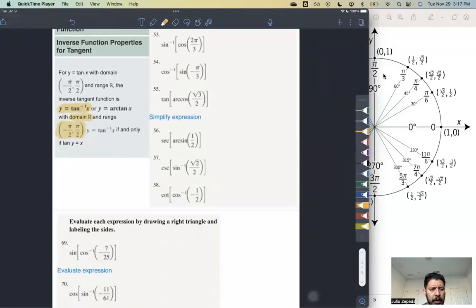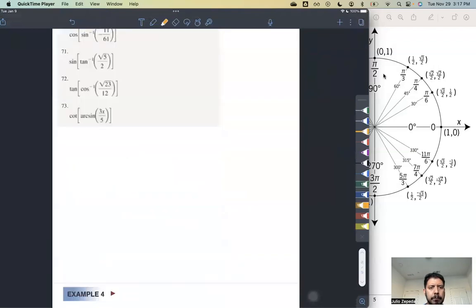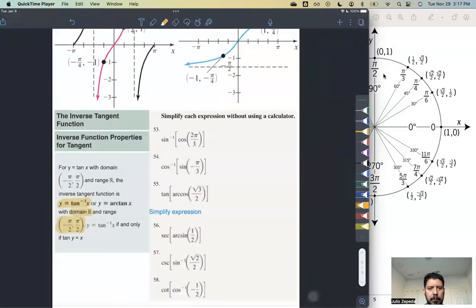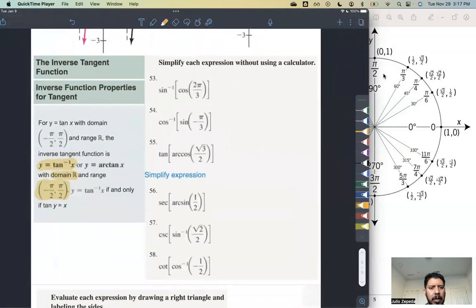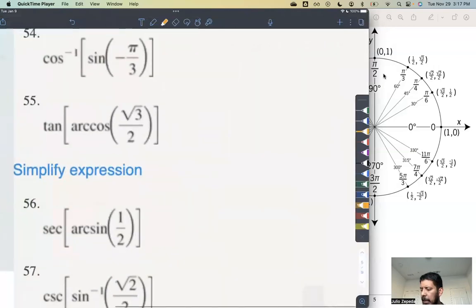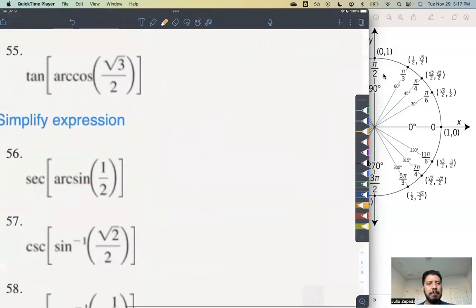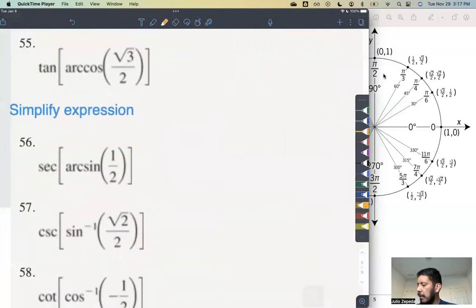So let's go ahead and try a couple of these problems here. They're getting a little bit more complex, and we'll kind of jump around on these. Let's take a look at number 55 here: the tangent of arc cosine of the square root of 3 over 2. We're going to deal with the arc cosine first.